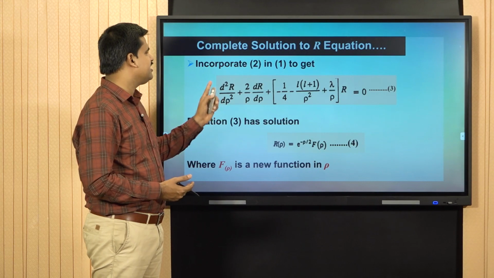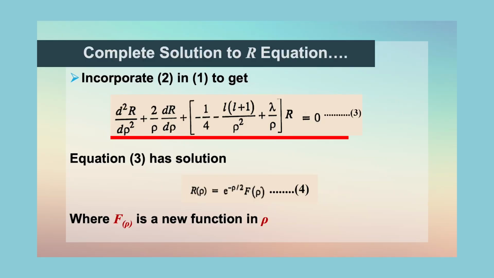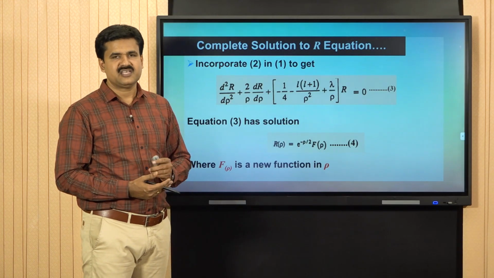The R equation now is d²R divided by d rho² plus 2 by rho into dR by d rho plus minus 1 by 4 minus l(l+1) divided by rho² plus lambda by rho into R(rho) is equal to 0. This is the modified form of the R equation.